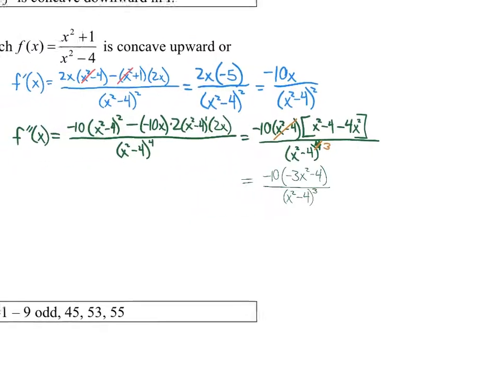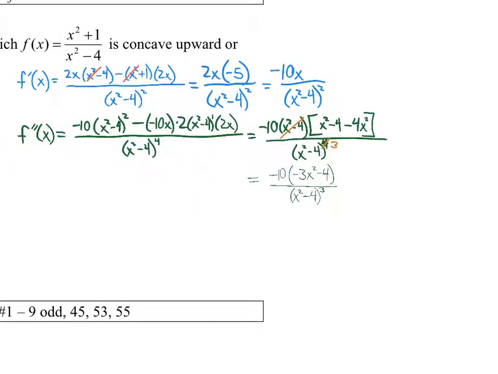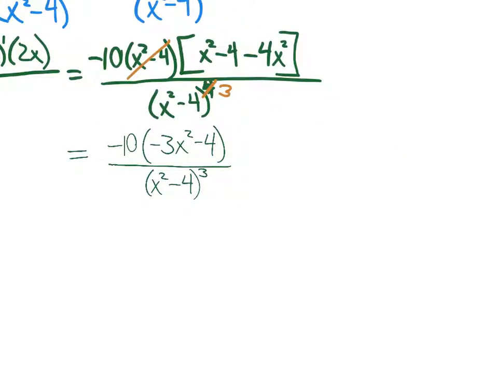The ultimate goal is to find where this equals 0 and where it is undefined. So I need to look at where the numerator equals 0. That's going to be negative 3x squared minus 4 equals 0. So that means x squared would have to equal 4 over negative 3.